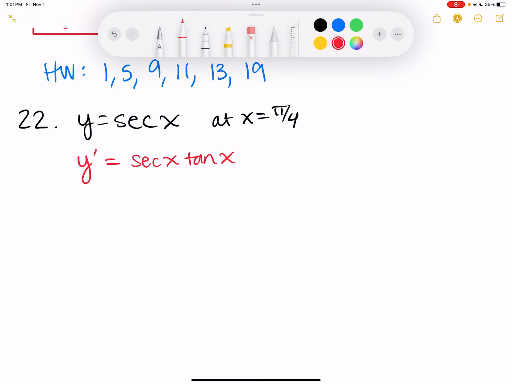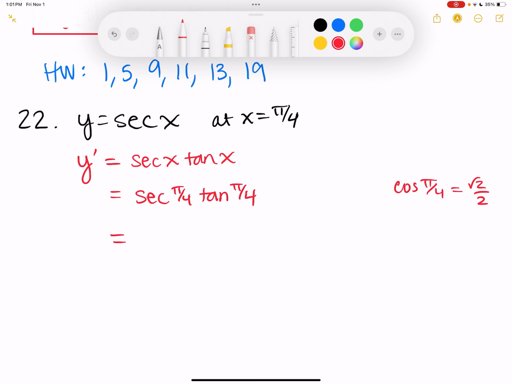All right, at pi over 4, so the secant of pi over 4 times the tangent of pi over 4. What is the secant of pi over 4? Secant is the other cosine one, so that's 2 over root 2. Root 2 over 2? So cosine of pi over 4 is root 2 over 2.